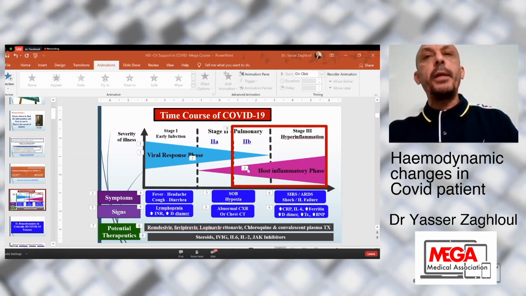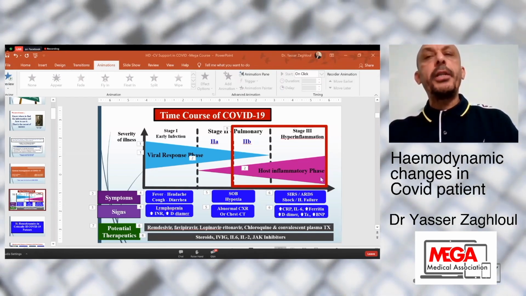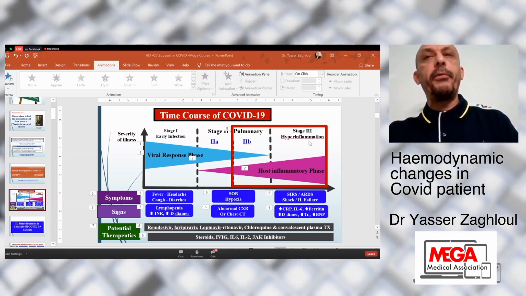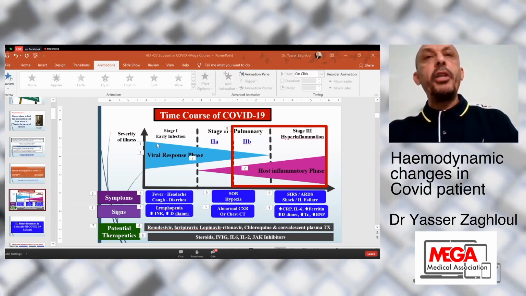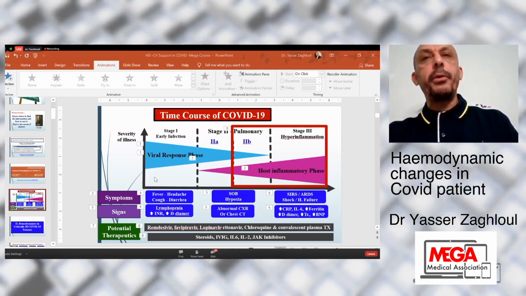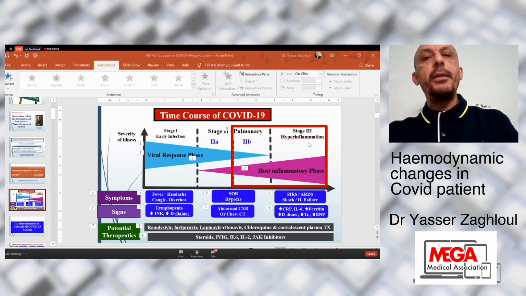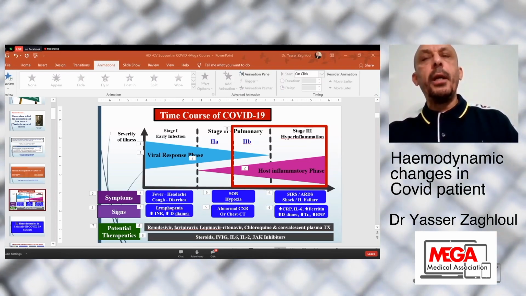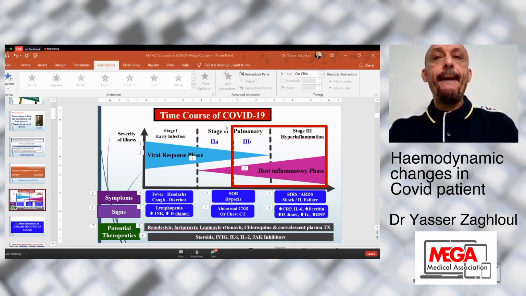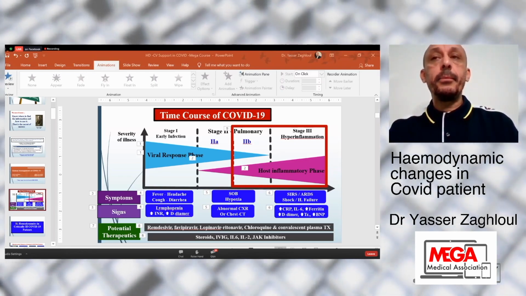Before that, because the host inflammation response is increasing with time, the patient may have a hyperinflammation response. So for stage 1 and stage 2A, there is no indication for steroids. For 2B and stage 3, this is when to start the steroids. Is it clear?